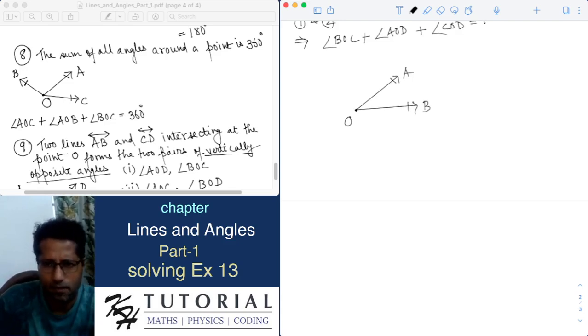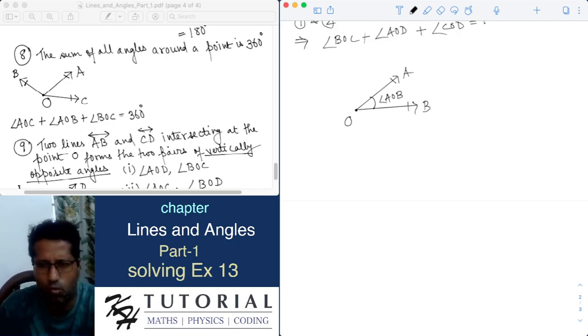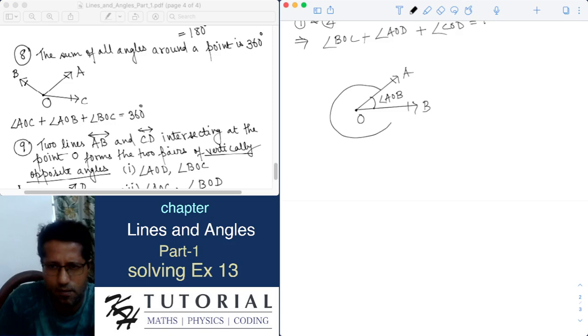So we got an angle, angle AOB. This angle AOB is an angle around the point O. Now there is another angle. If you consider this angle, this is also an angle around the point O.